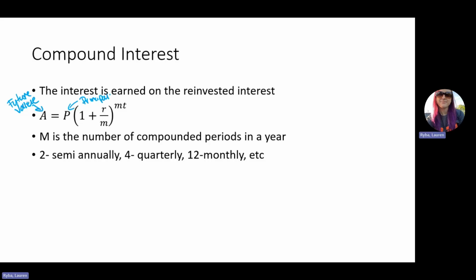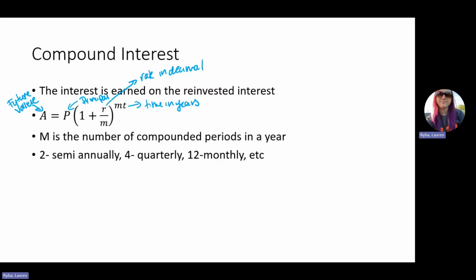R is still the rate in decimal form. T is still the time in terms of years, but we have now added this other variable M. And our book uses M, some other books use N. It just depends on what text you're using.